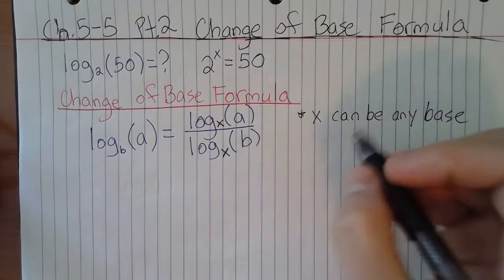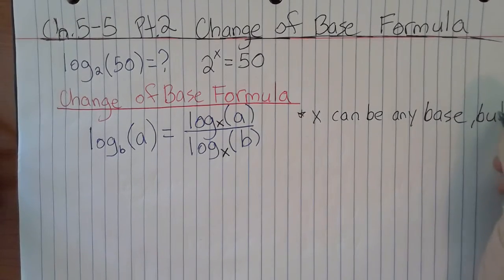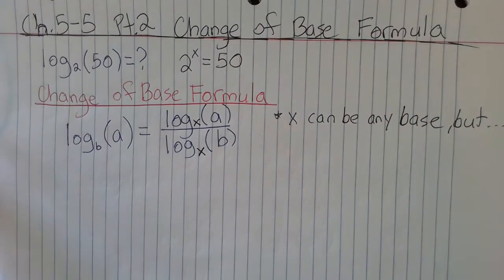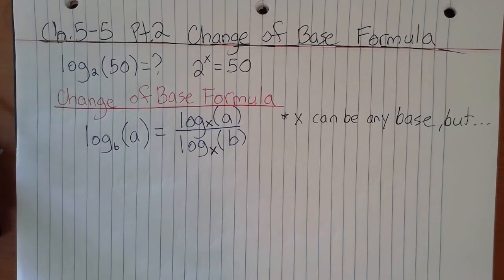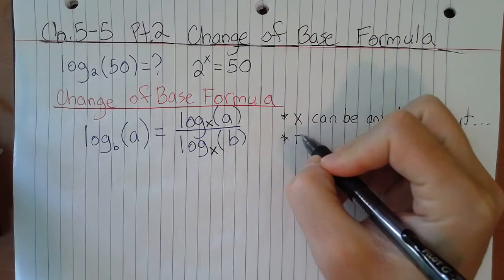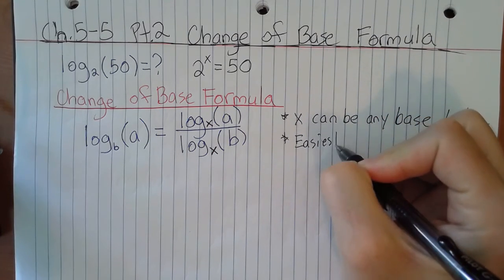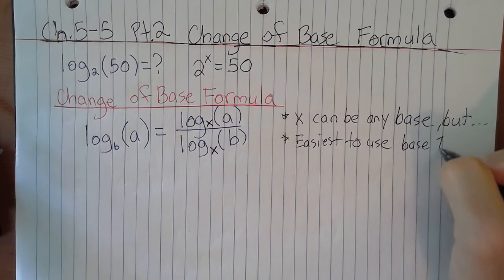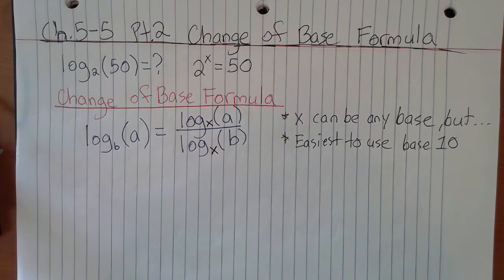But the easiest thing to do for this process is to use a base of 10 because that is what the calculator already has programmed. There's also another option with using a base of e, but we will cover that in a different video. So the easiest is to use base 10, and that's because that's already programmed into the log button on our calculators.